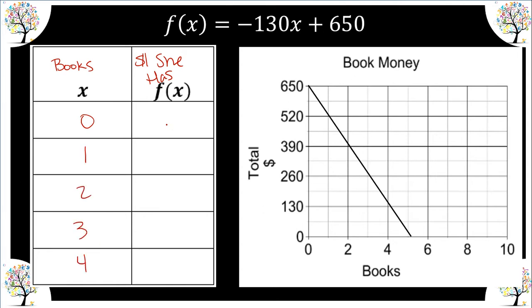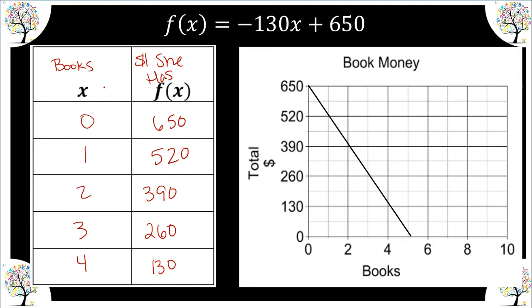At 0 books, she had $650. And then each time it's going to go down by 130. We get 520. And then when she buys another book, we have 390. And then when she buys a third book, she has $260 left. And then when she buys a fourth book, she has 130.